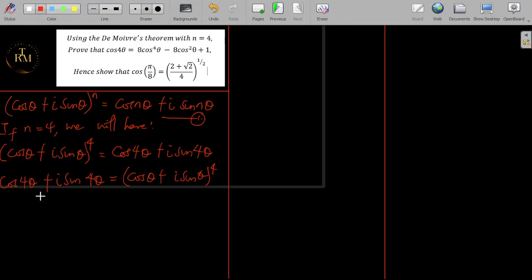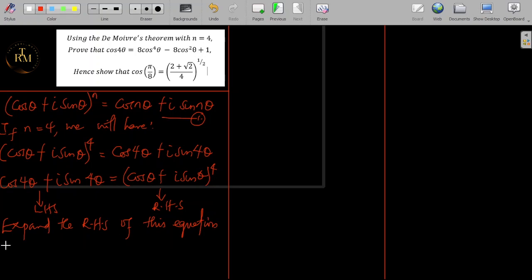This is the left-hand side of the equation, and this is the right-hand side. So what I'll do now is expand the right-hand side of this equation.